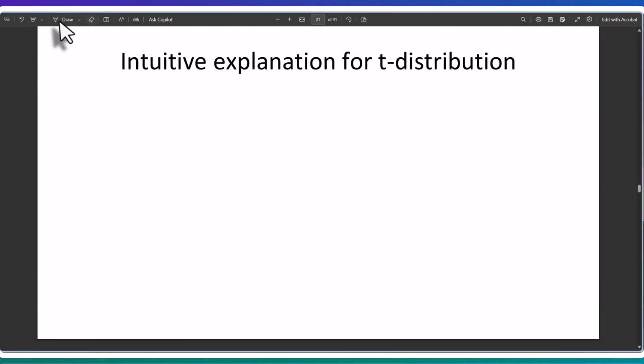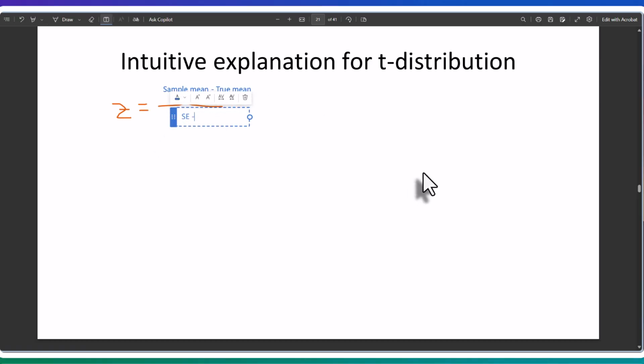So why is this the case? Remember that the z is a standardized process. It's going to be our sample mean minus often the true mean, divided by our standard error.